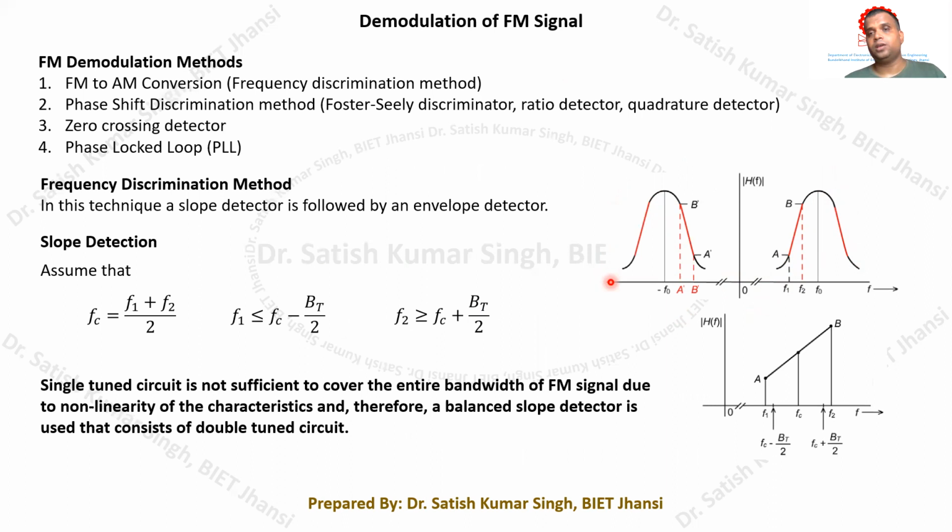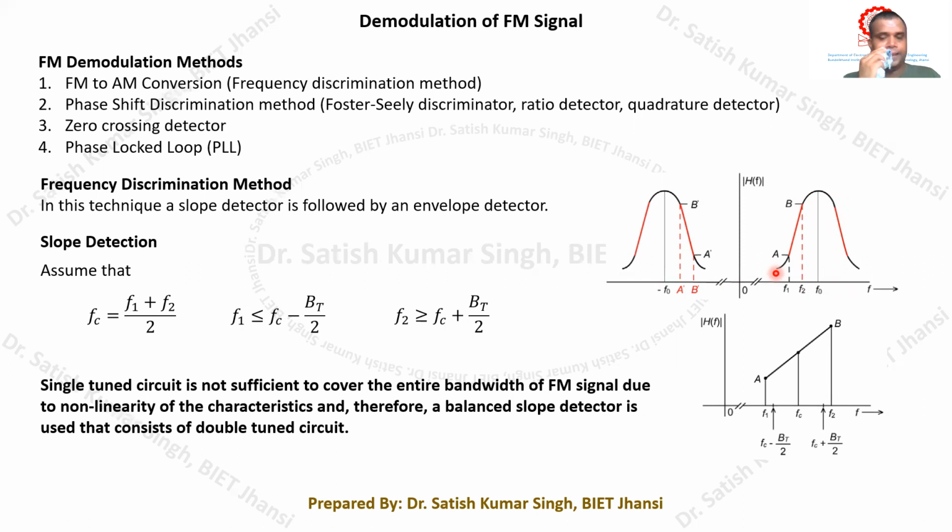In that case, it has band pass filter characteristics, with a certain center frequency at f equals f naught, the resonant frequency. Then we have to talk about the most linear part of this tuned circuit's frequency characteristics, because we need a frequency response which changes linearly with the frequency.